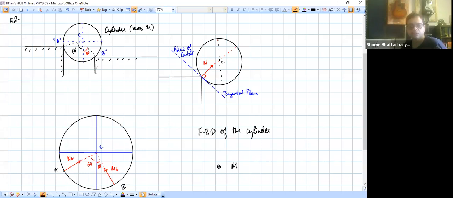So on this point mass, now you can see what are the forces which are acting. There will be this normal reaction due to A, there will be this normal reaction due to the contact point B, and of course, there will be the third force, which is its weight.